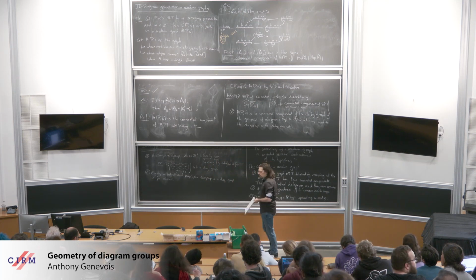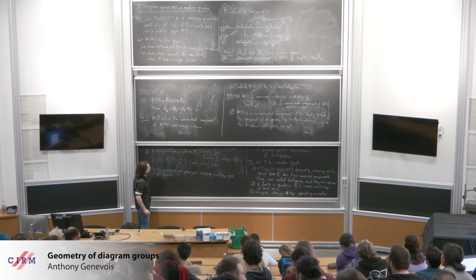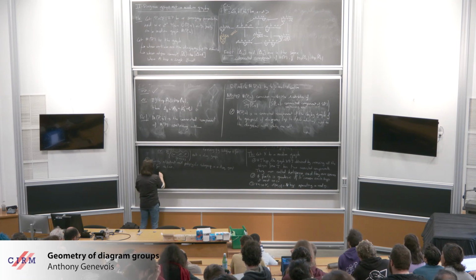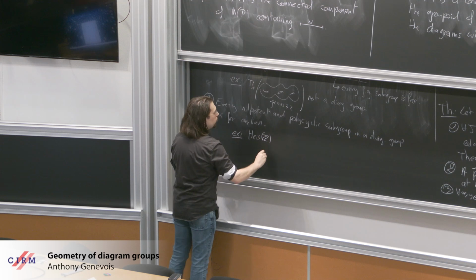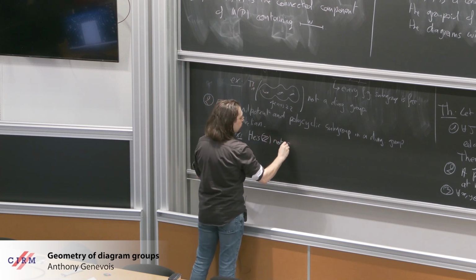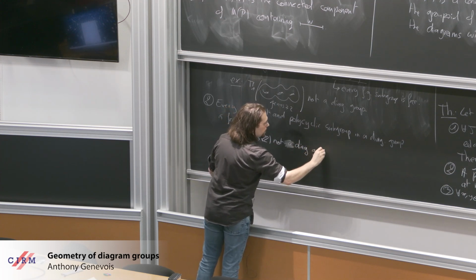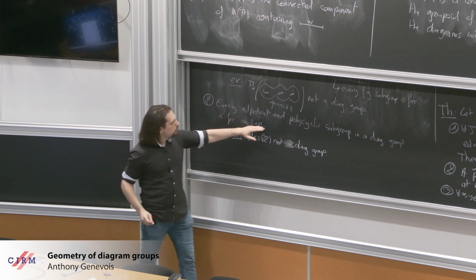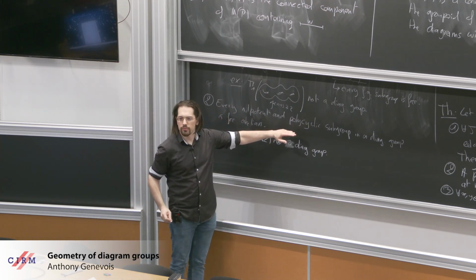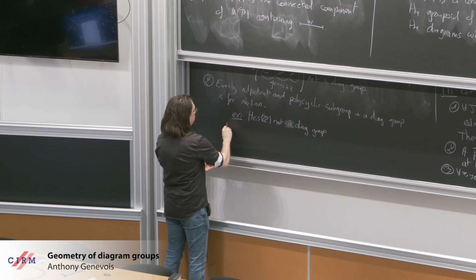Okay. So yes, some example, for instance, the Heisenberg group. So not a diagram group. So you have this statement for nilpotent and polycyclic groups, but you cannot have something better. I mean, you have metabelian groups that are diagram groups.